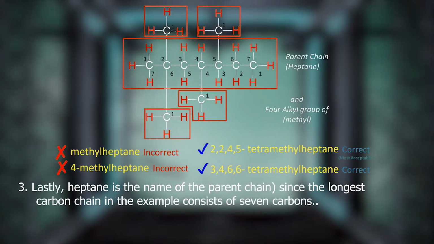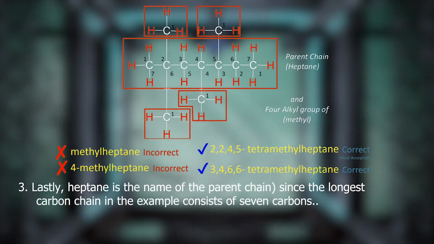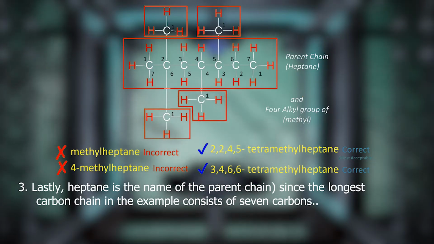Lastly, heptane is the name of the parent chain since the longest carbon chain in the example consists of 7 carbons. Thus, the name 2,2,4,5-tetramethylheptane.